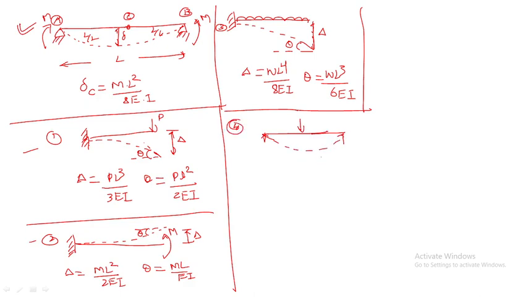The point load is P. Delta is equal to P L cube by 48 EI, and the slope is P L square by 16 EI. These are the values you have to remember.